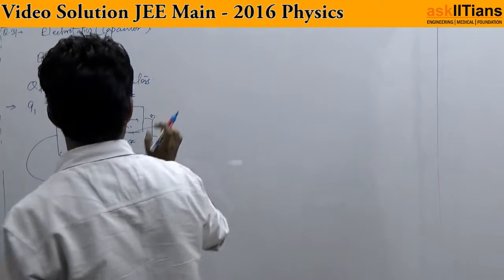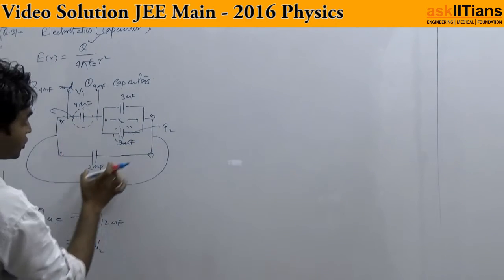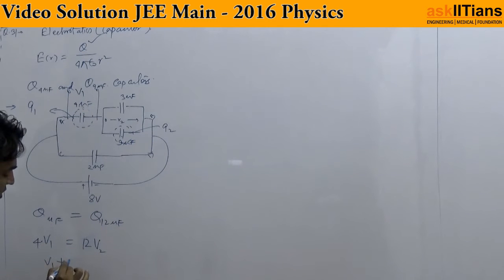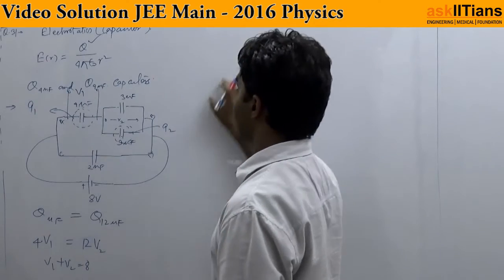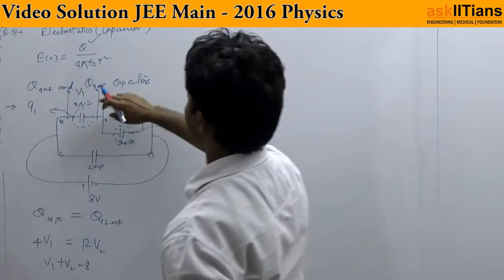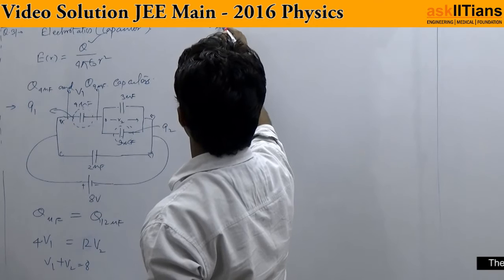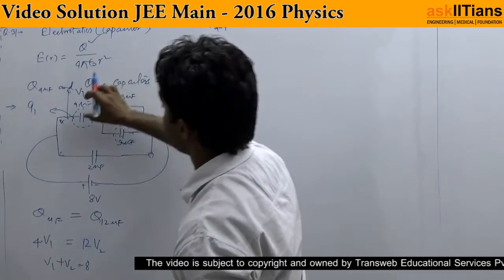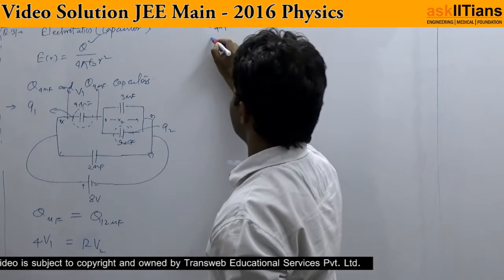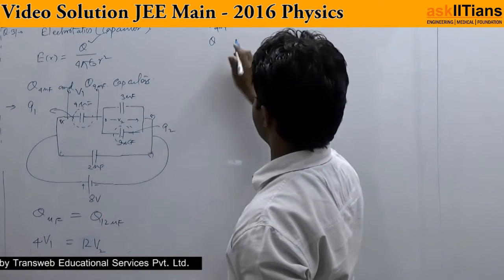Now V1 plus V2 should be equal to 8 volt. Solving this equation, we get the charge on the 4 microfarad capacitor equal to CV1. Similarly, we want to find the charge across the 9 microfarad capacitor.